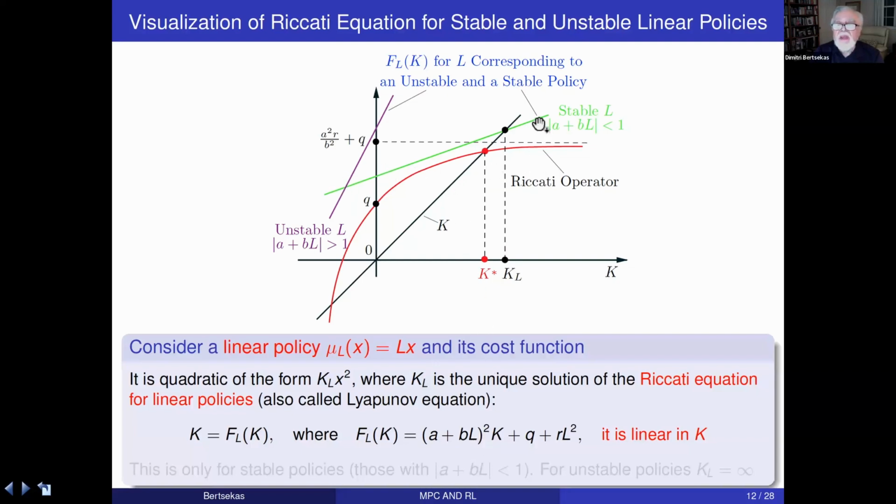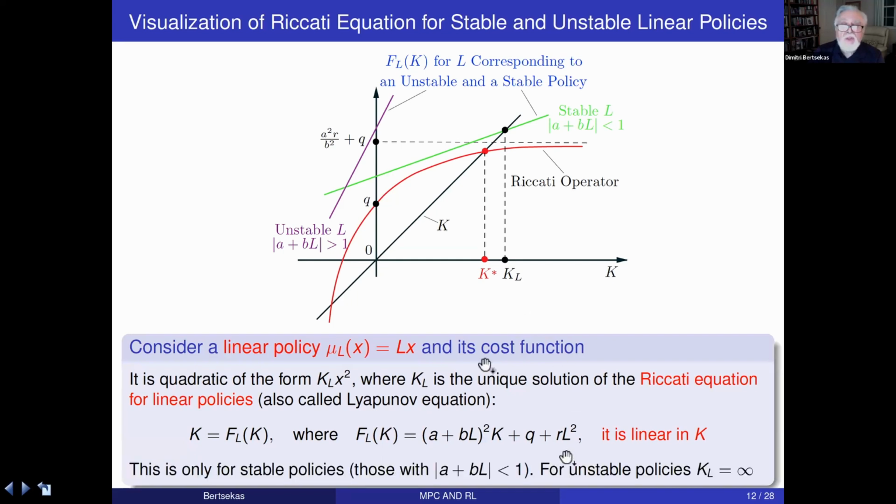These have a slope that's less than 1 and intersect the 45-degree line at some point, which is the solution of this Lyapunov equation. That's how you obtain the cost function of a linear policy represented by some line. We intersect these two lines, project down, and this is the cost coefficient of L.